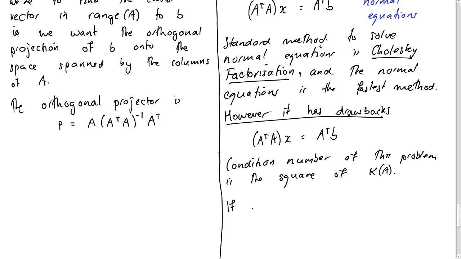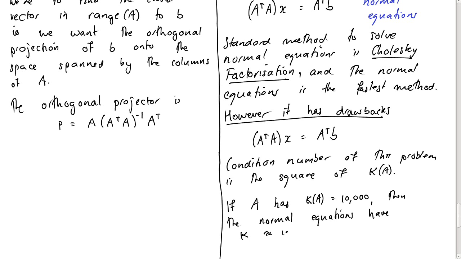So if A has a condition number of, say, 10,000, for example, then the normal equations have condition number about 10,000 squared equals 100 million.